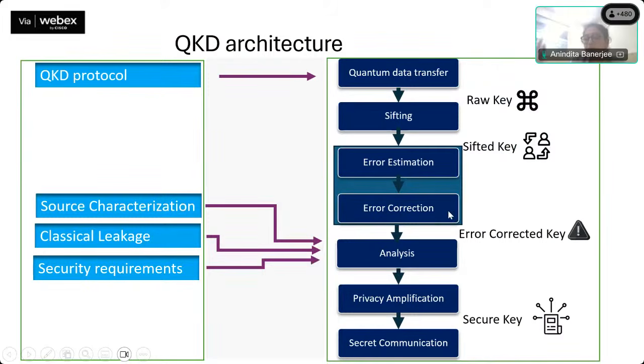Because as I told you, we'll be sharing a part of the key with Alice. We will not be using it, but we'll be using it to estimate the error. Okay, so how much of the information has leaked there?